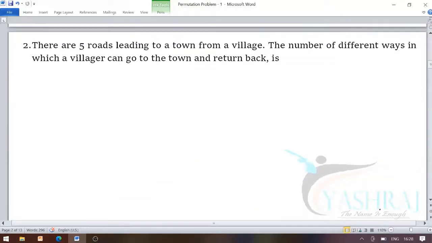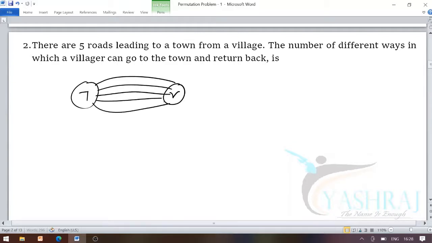Now look at the next problem we have. There are 5 roads leading to the town from a village. The number of different ways in which a villager can go to the town and return back. So we are given there are 5 roads leading to the town from the village: 1, 2, 3, 4, 5.